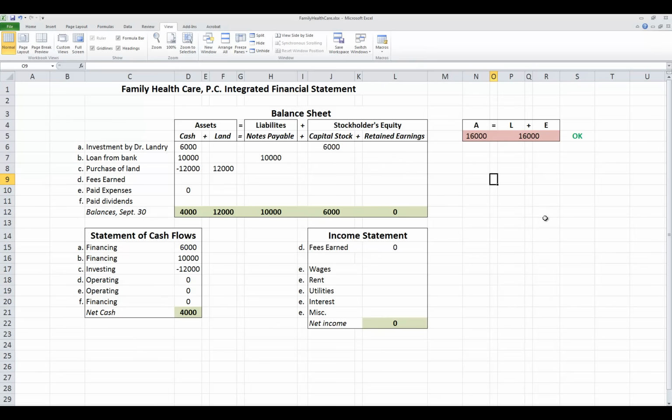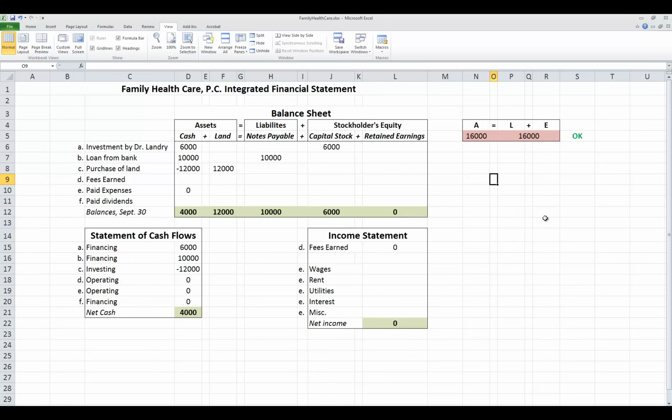Now, if we look down at the statement of cash flows for transaction C, that is an investing activity. So the purchase of the land using cash is an investing use of that cash. And of course, the bottom of our cash column in assets is $4,000. And if we look at the bottom of our statement of cash flows, that's also $4,000.